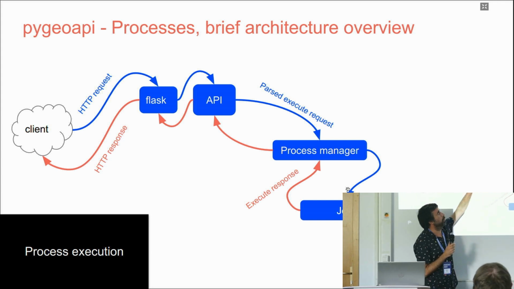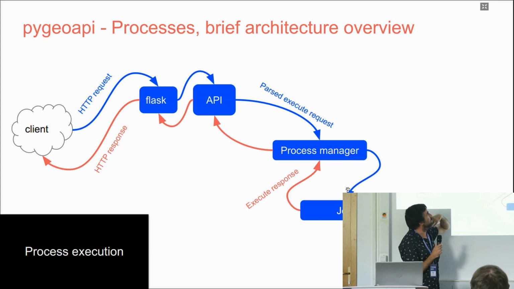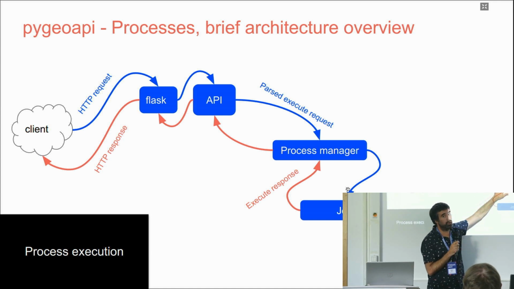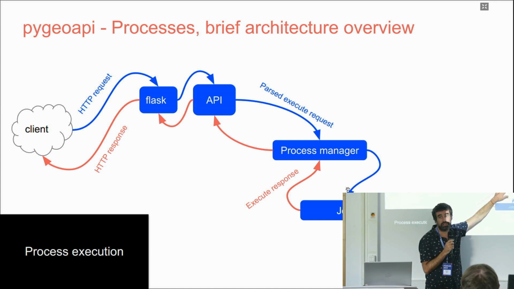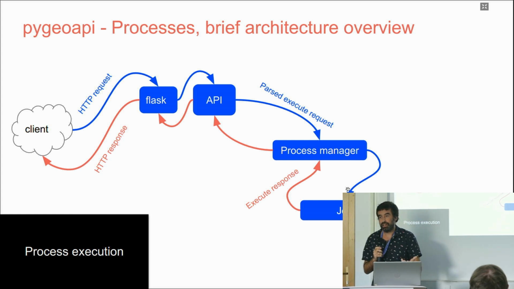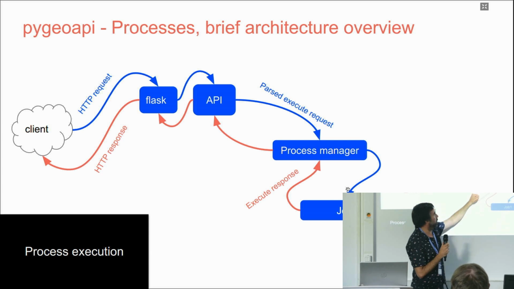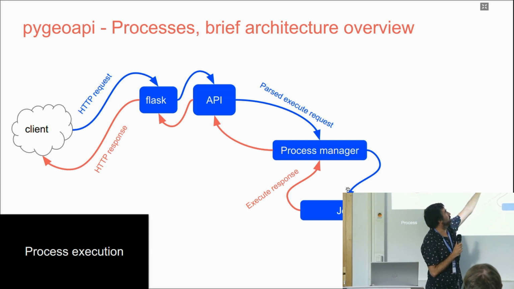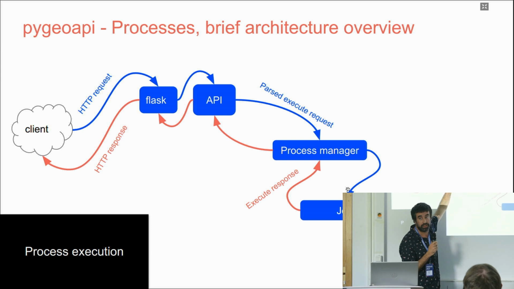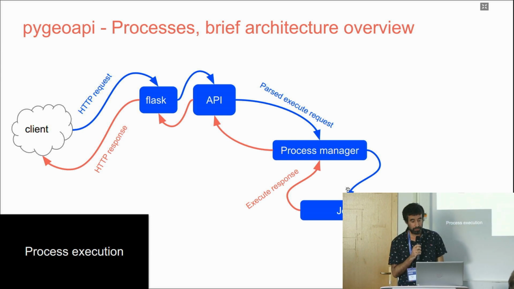Then there is a core API class which does some parsing of the request parameters. In the case of processing, it hands over to a specialized class, which is the process manager, that takes over what needs to be done to fulfill the request. So if we swap this part out with something else, it will take advantage of what came before, and this attests to the flexibility of Pygeoapi.